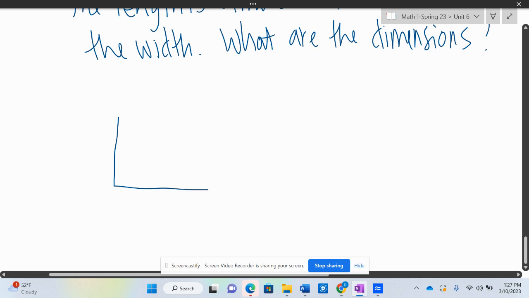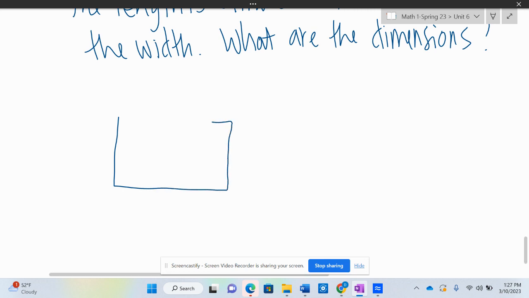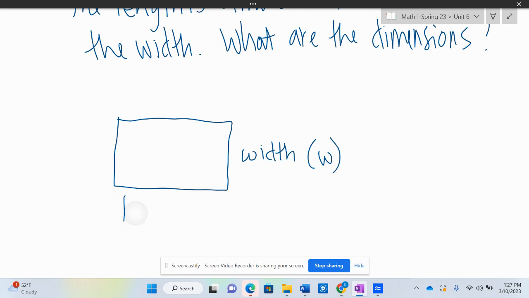Yes, you should, because it'll help make sense in your brain. So this is my width, which I'm going to call W. And this is my length, which I'm going to call L. And I know that the area, which is the space inside the box, is 56 inches squared.